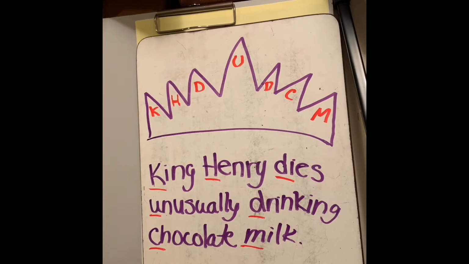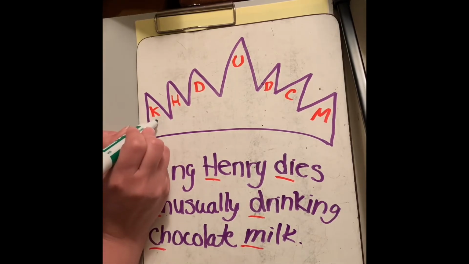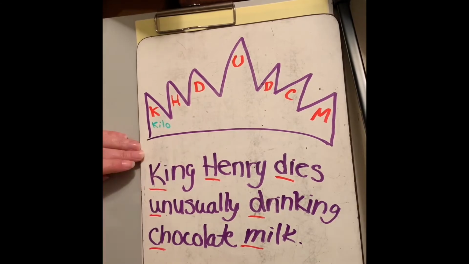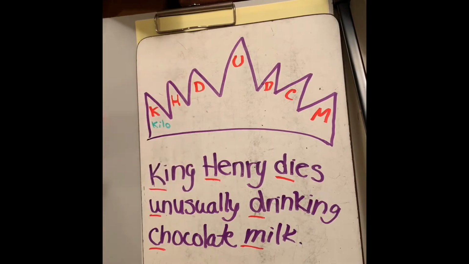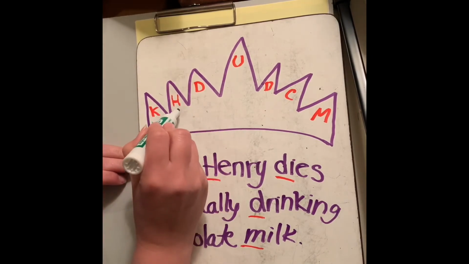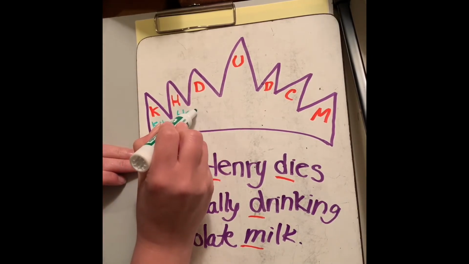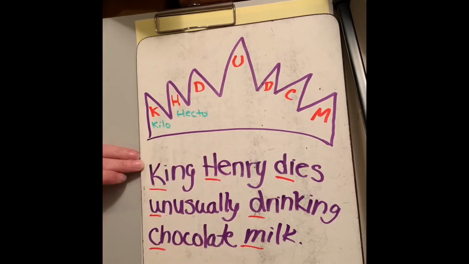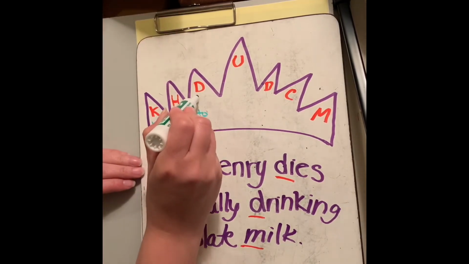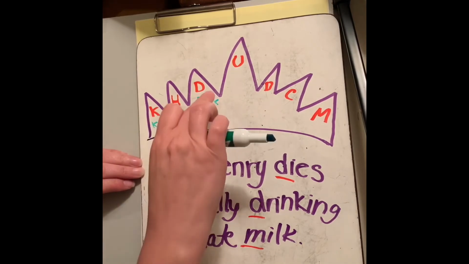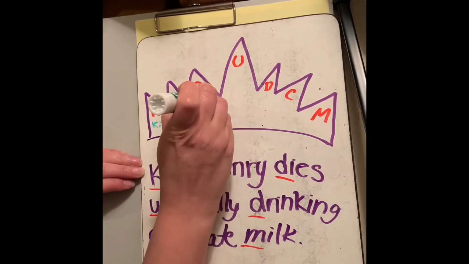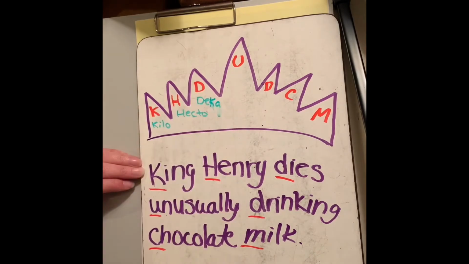This is another way we can convert some measurements. This K stands for kilo. This H, which stood for Henry, can also stand for hecto. This D stands for deca.